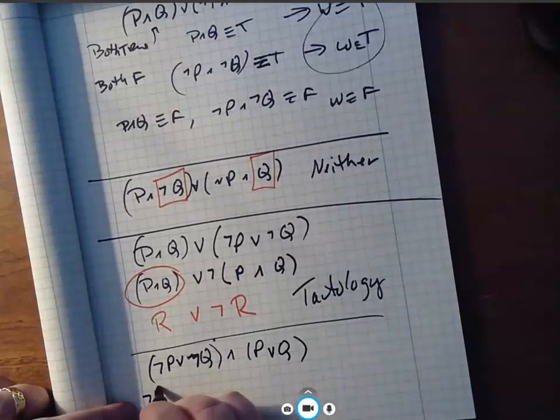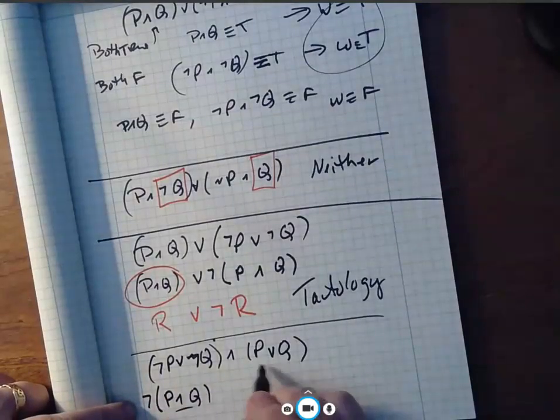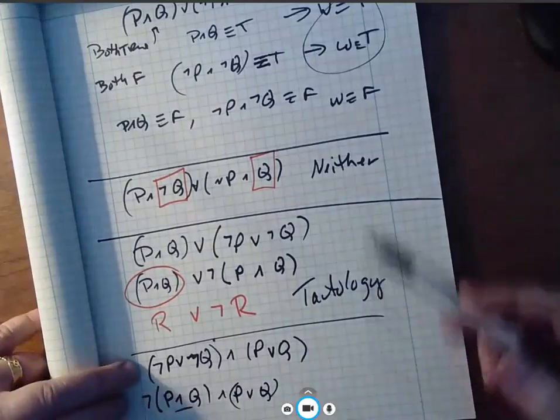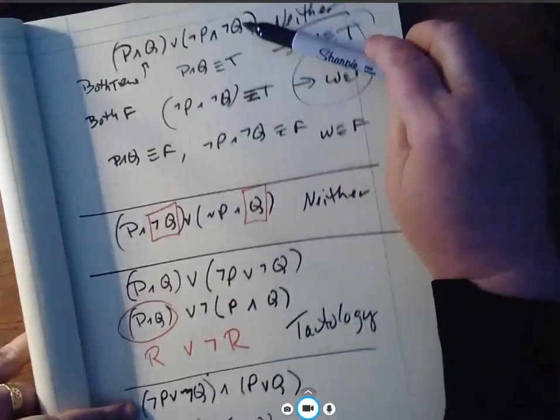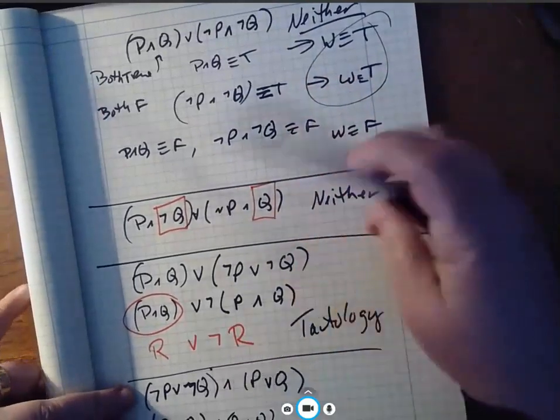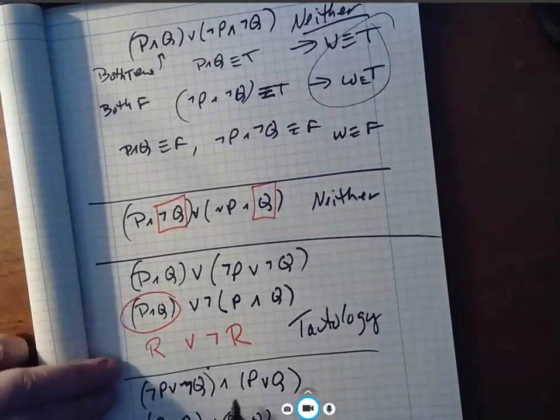No, it doesn't help, because if I factored out, this statement and that statement are totally different. So is it anything like the one we had up here at the very top? Oh, this one is connected with ors. This one's connected with ands. Okay. So this is an and here.